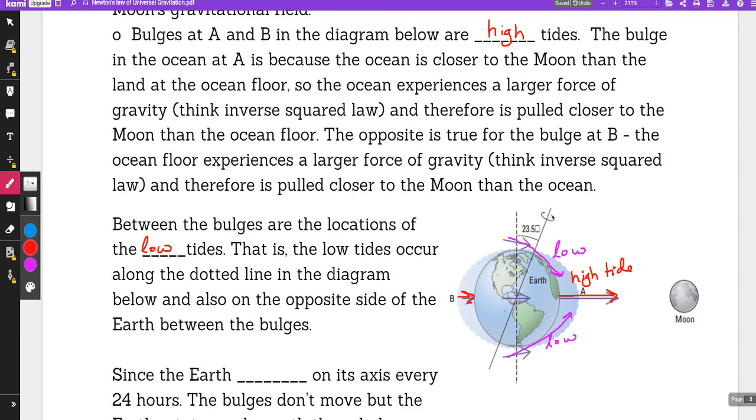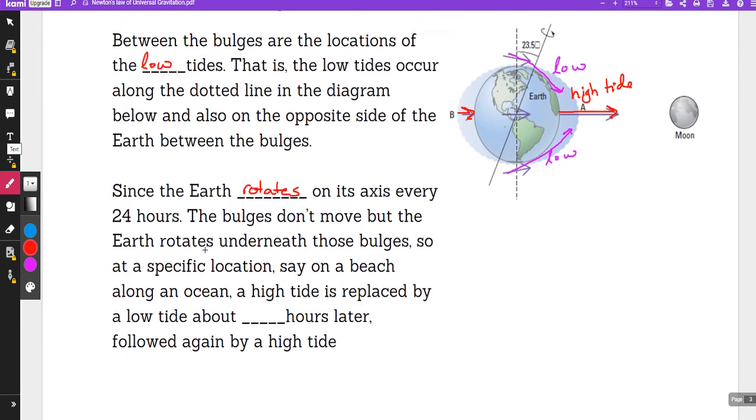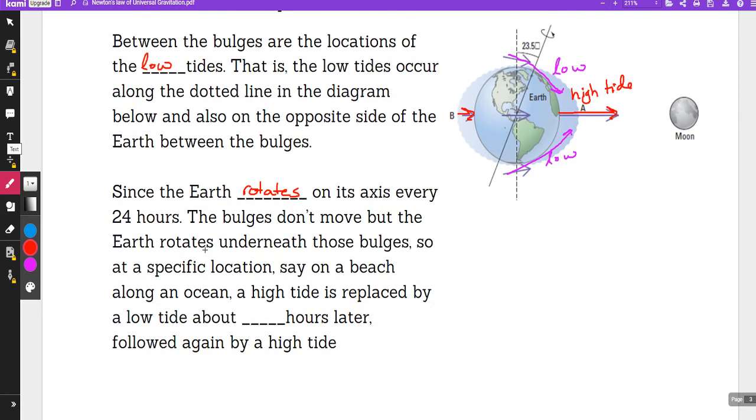Now, since the Earth rotates on its axis every 24 hours, the bulges don't move necessarily, but the Earth rotates underneath of it. So that point that is at low tide and high tide, they kind of move in relation to each other. But the thing is the Earth is moving, the moon is moving, the Earth is rotating.